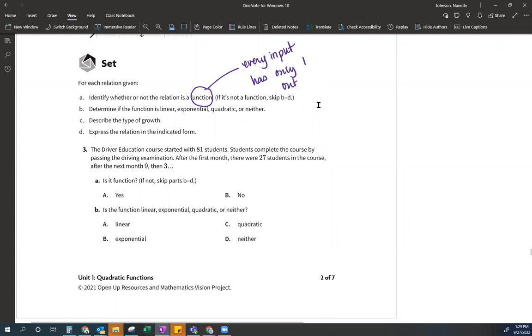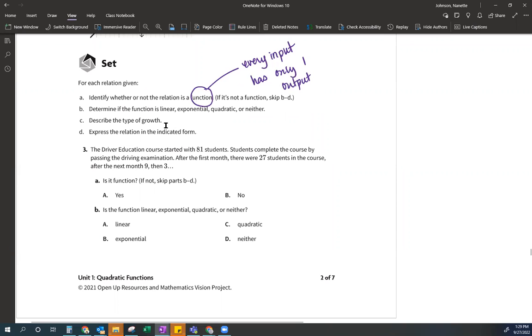If not, I'll link the video in your spreadsheet of videos. So all it's talking about is every input has only one output. And one of the things that you can use was that vertical line test. So that's what you're thinking about with this word function.